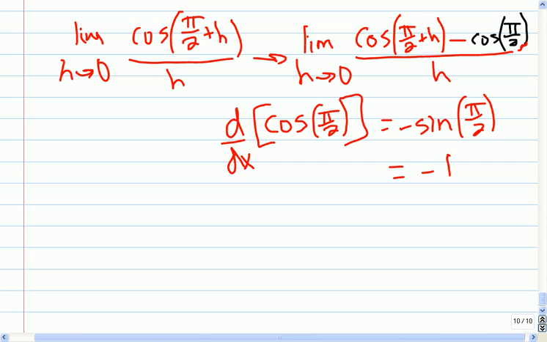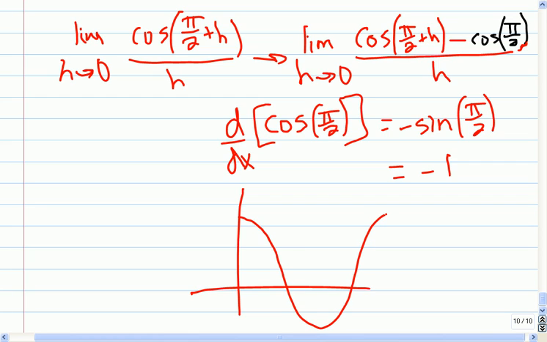And remember, if you think about what this picture means, here is the graph for cosine. And what we're saying is, here's the point cosine pi over 2. I've got some other point, maybe it's here, and it is moving towards that point.